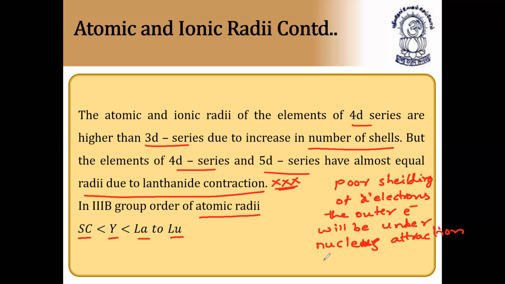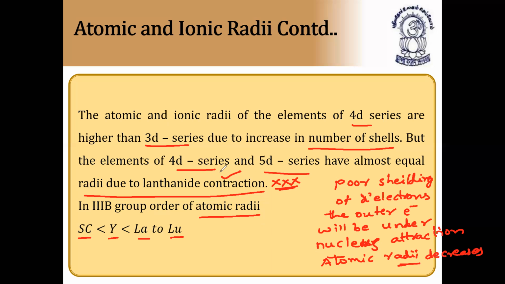So hence atomic radii decreases, because they will come close to the nucleus, due to which contraction takes place. That's why it is called lanthanide contraction. Contraction means size will decrease, so atomic radius decreases.